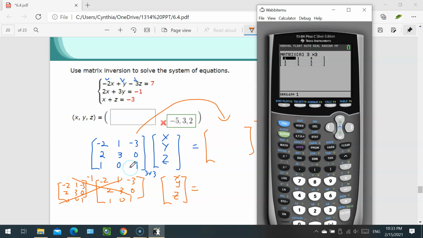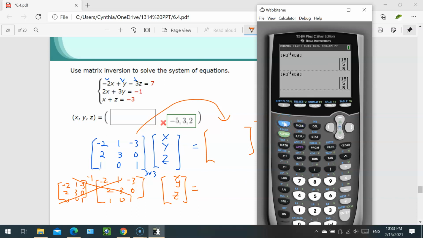But the elements I need to change. I have -2, so I put -2, 1, -3, 2, 3, 0, 1, 0, 1. And then I click on second quit.